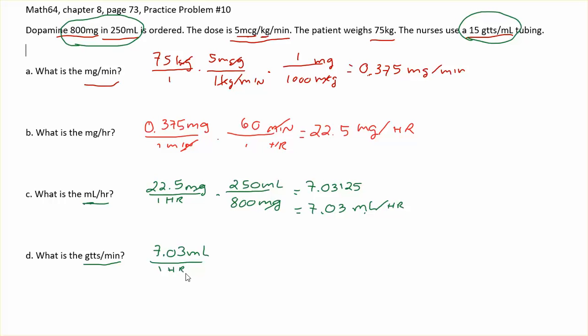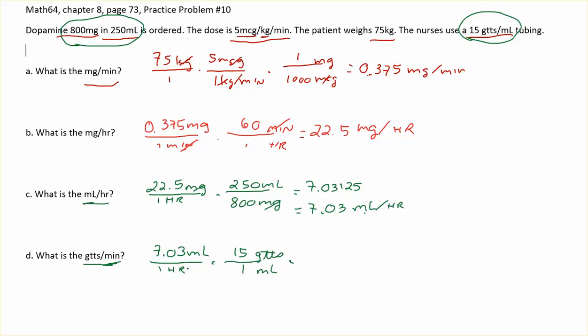Now I'm going to have to change milliliters to drops, and I'm going to have to change hours to minutes because that's what it's asking for. So the milliliters have to go on the bottom, and the GTTS go on the top, and that's 15 over 1.